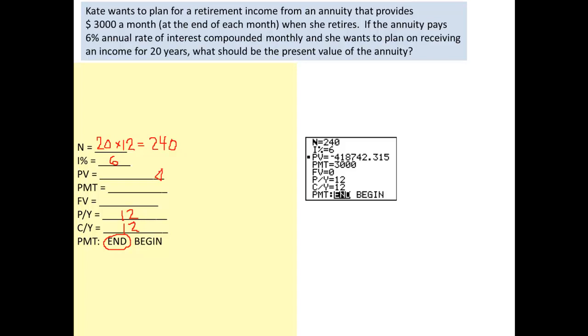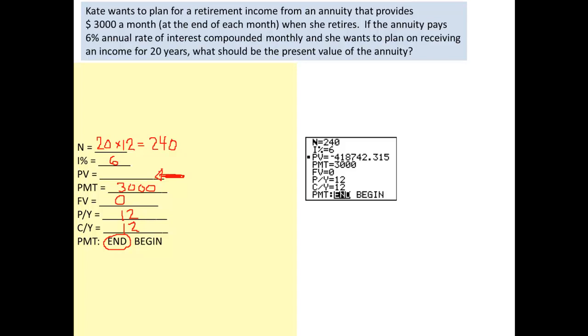In this problem, the present value is what we're trying to find. I don't know how much money Kate needs at the beginning of this scenario. That's what we're looking for. We know that she's going to draw out $3,000 every month. This is positive because these are withdrawals. This is money that Kate is receiving. And the future value may be a little unclear to you, but we're imagining that we start with a large amount of money.